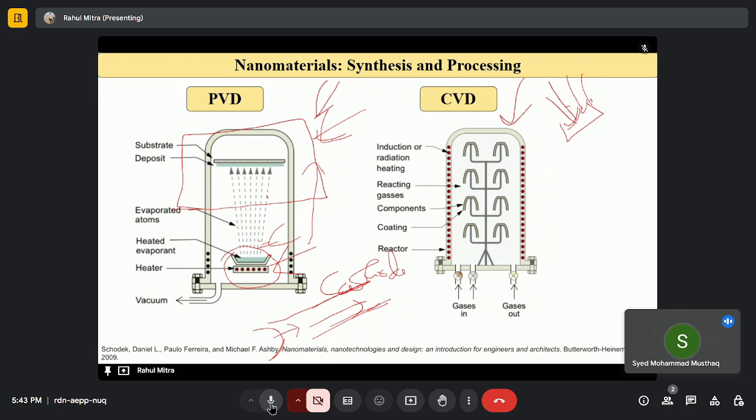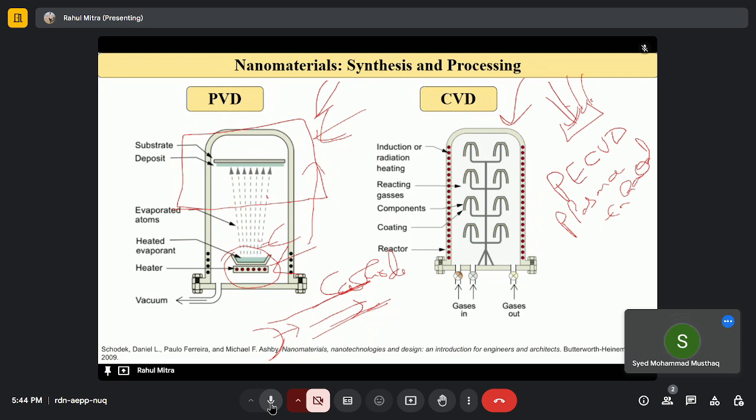And there are other types of CVDs. There is plasma enhanced CVD, where we form plasma to melt some materials so as to get enough temperature for the reaction, which is also called PECVD, plasma enhanced chemical vapor deposition.